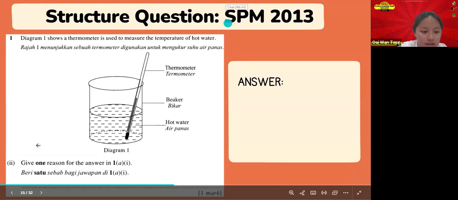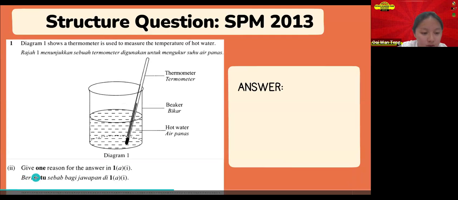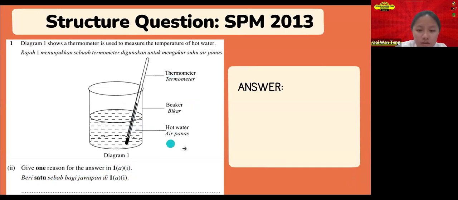So now let's look at the second question. Give one reason for the answer in 1A1. So why do we use mercury in our thermometer? The answer for this question, you can take from the characteristics of the mercury thermometer.